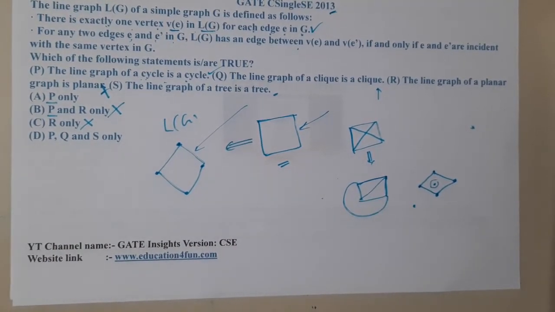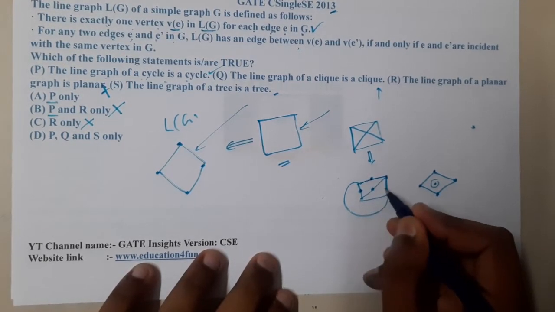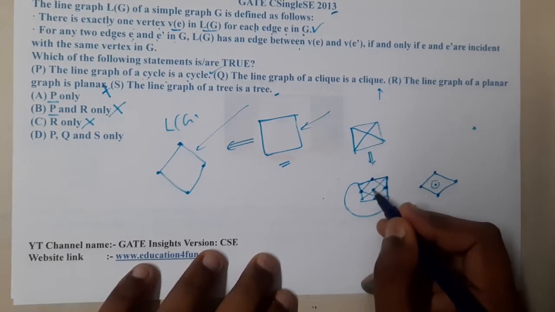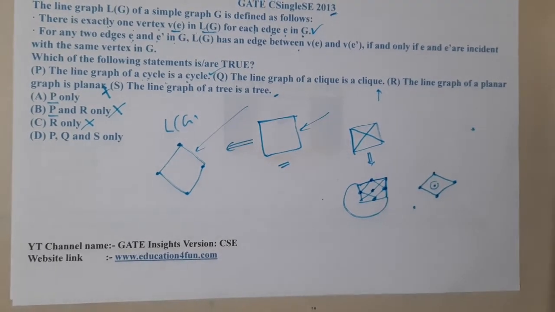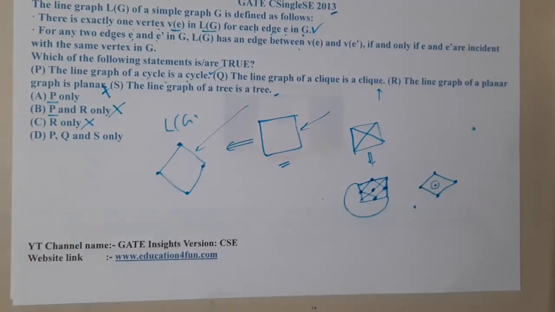Once I have converted, this became a dot here, this became a dot here, and so on. Once we have connected these four, we cannot connect this one with all of them, because it is interiorly locked out. With that understanding we can eliminate option R.